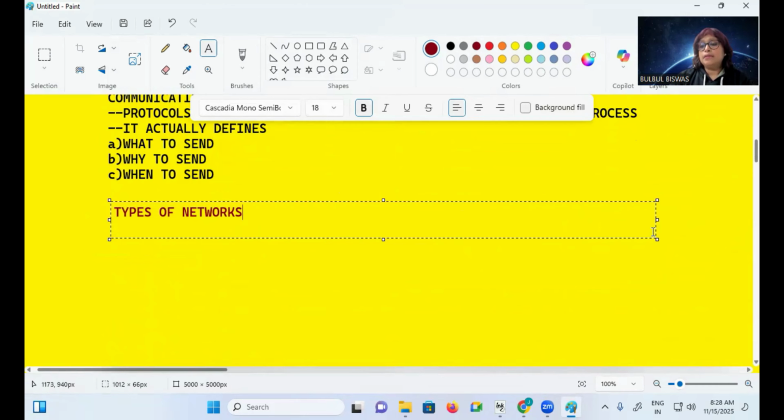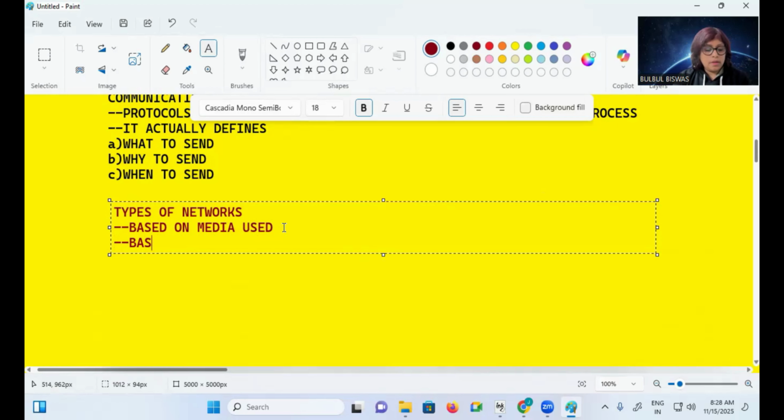There are several methods for categorizing a network, but here I am mentioning two categories: based on media used and based on geographical coverage.